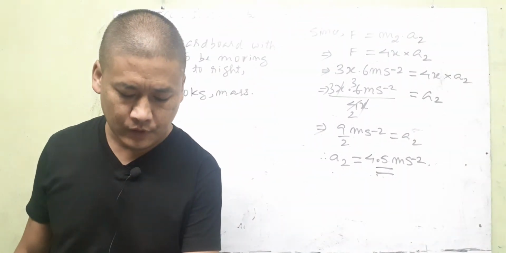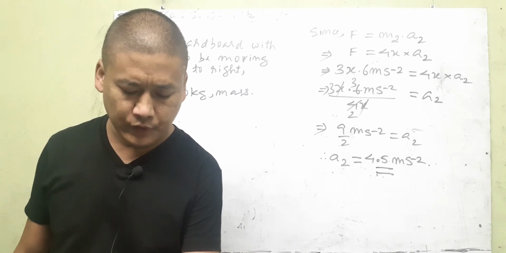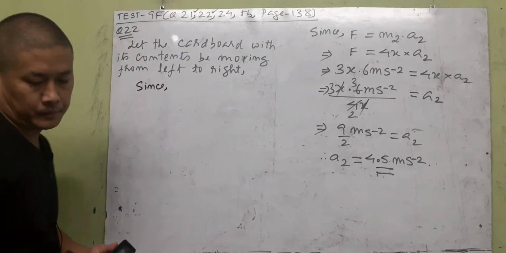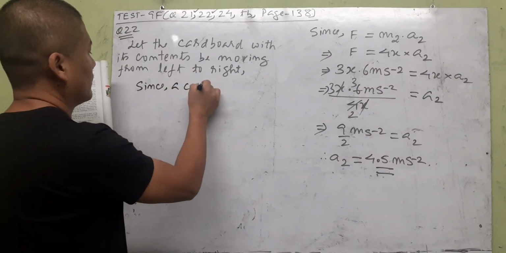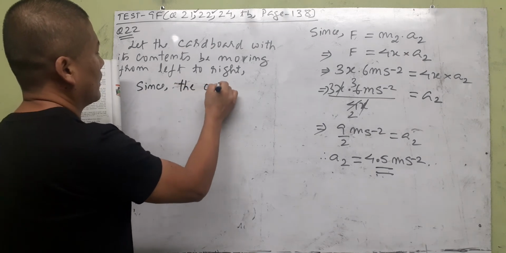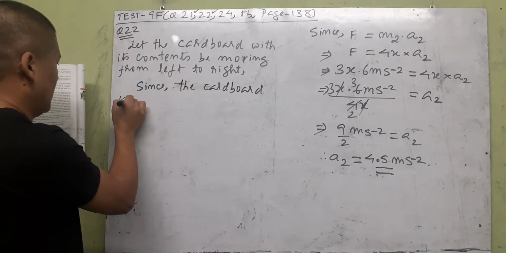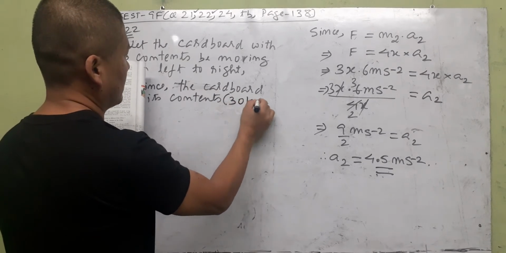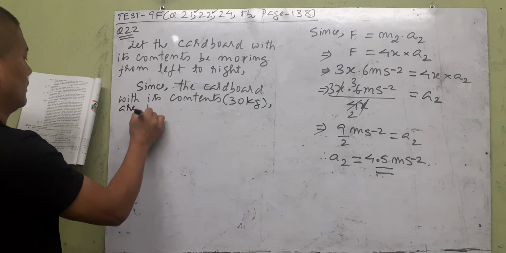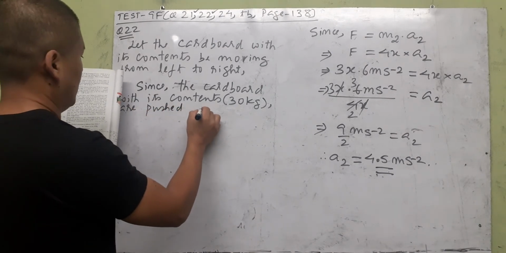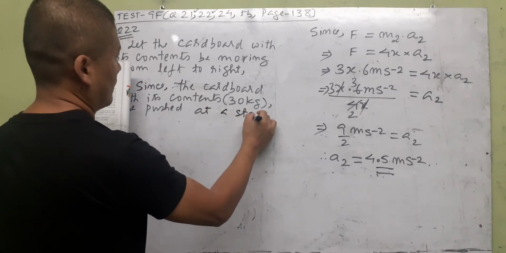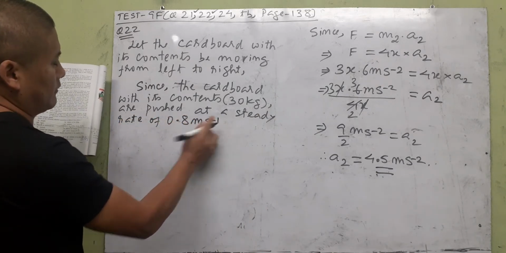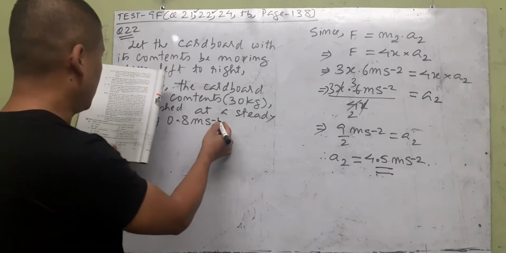Pushed across a rough floor at a steady rate of 0.8 meter per second. I'll shorten the statement: the cardboard with its contents, 30 kg in bracket, are pushed at a steady rate of 0.8 meter per second, meaning initial velocity, because meter per second is the unit of velocity.